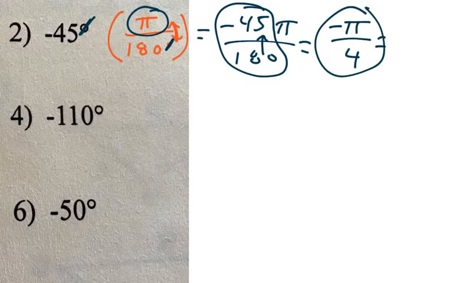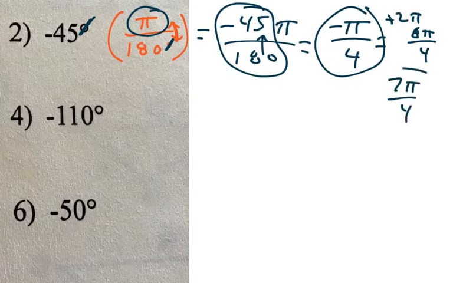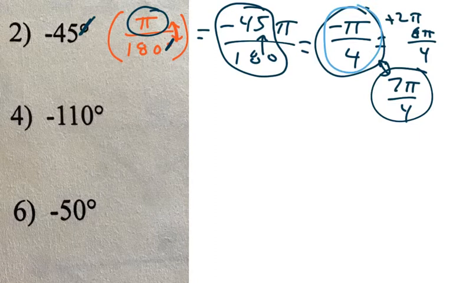That would mean you would have to add 2 pi, or 8 pi over 4, to make it 7 pi over 4. But again, please talk to your teacher quickly about this if you don't know whether or not it has to be a positive angle. Most likely your teacher will accept negative pi over 4.